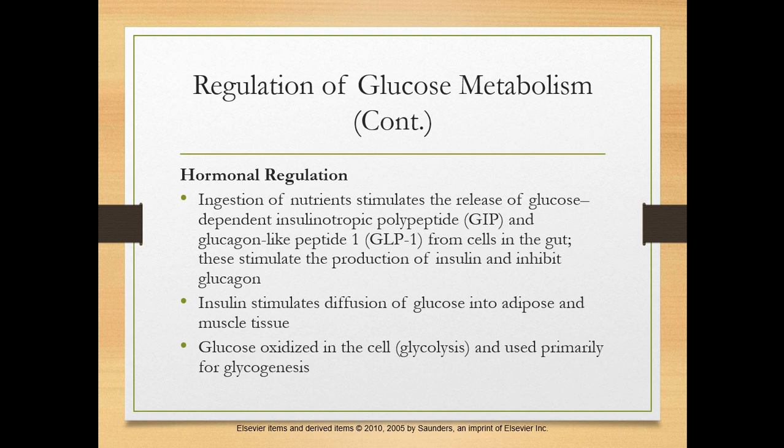So if you remember from anatomy and physiology, insulin and glucagon, they actually are antagonistic to each other. So insulin will stimulate the diffusion of glucose into adipose and muscle cells, or muscle tissue. And then glucose oxidizes in the cells, which is called glycolysis, if you also remember that. And that's used primarily for glycogenolysis.